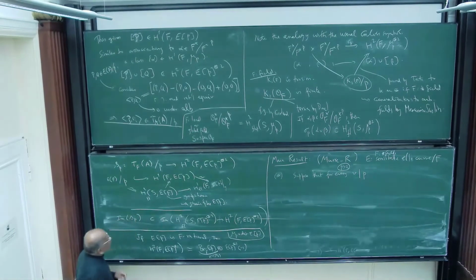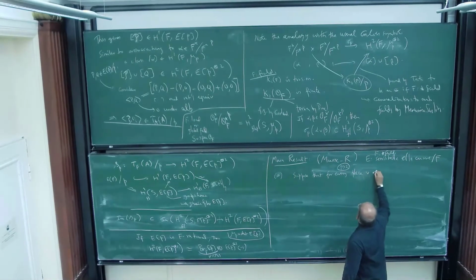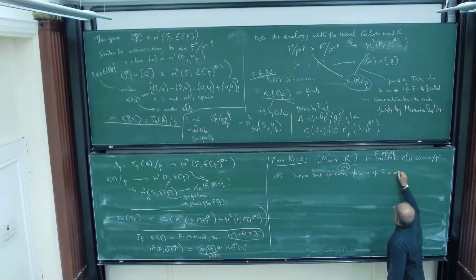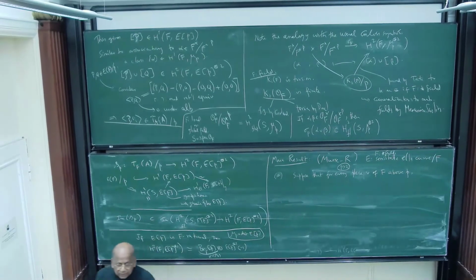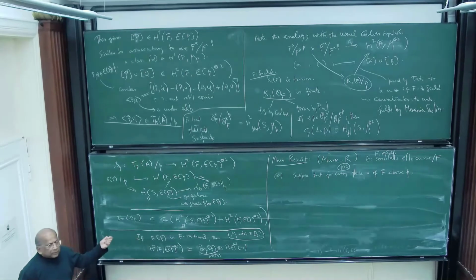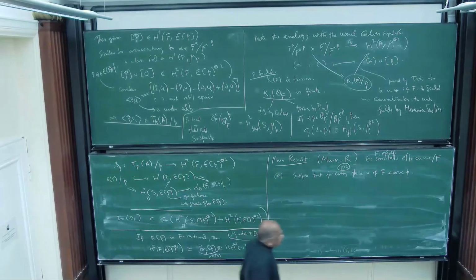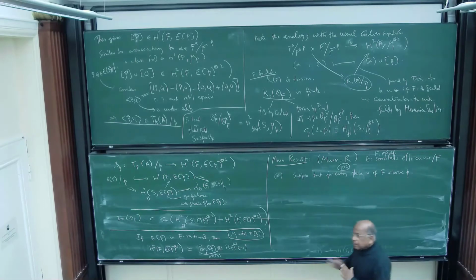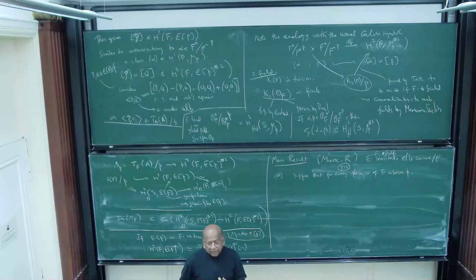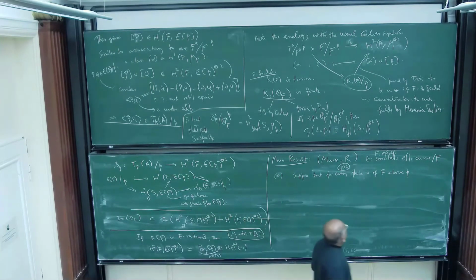And what happens is that locally you can show that for any place v of F, the only really bad places where the image is non-zero locally are the places which lie above p or where the elliptic curve has bad reduction. So those are the only ones. So even though when you try to go from global to local it's not all the places, it's only a finite number of places which lie above p or where E has bad reduction.